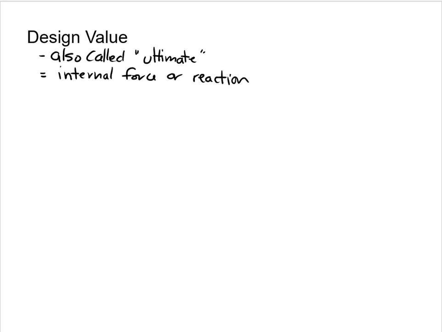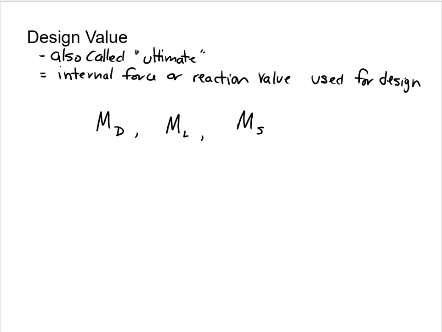The design value or ultimate value is the internal force or reaction for which we design a member. That value is the largest of the factored and combined values. For example, if a beam experiences only dead, live, and snow load, we would determine the midspan moment due to the maximum likely dead load, the midspan moment due to the maximum likely live load, and the midspan moment due to the maximum likely snow load.